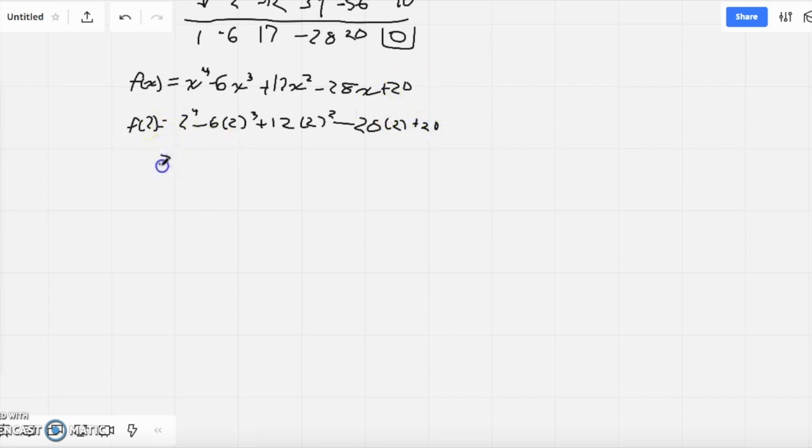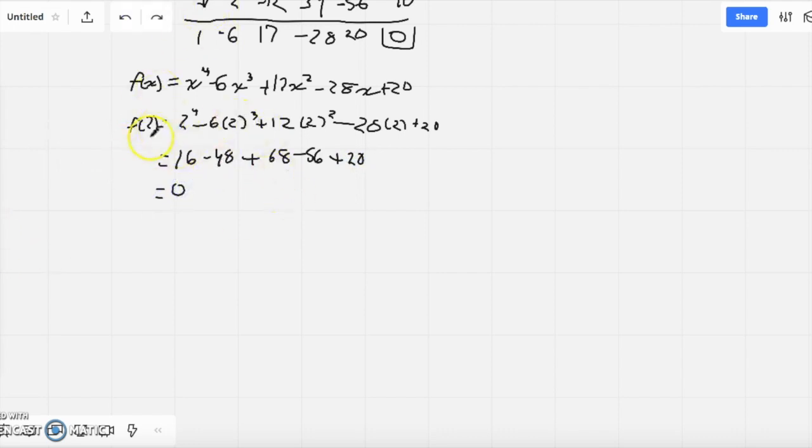So when we do the math, it'll be 16, then minus 48, plus 68, minus 56, and then finally plus 20. When we add all these numbers up, that comes out to 0.